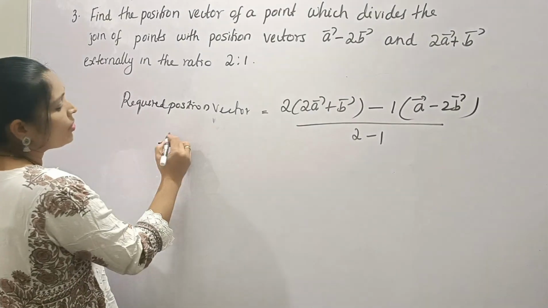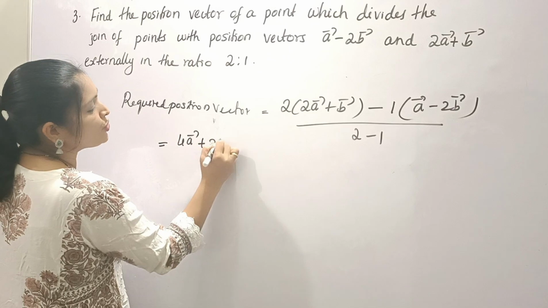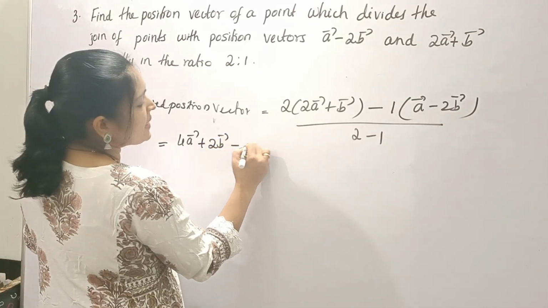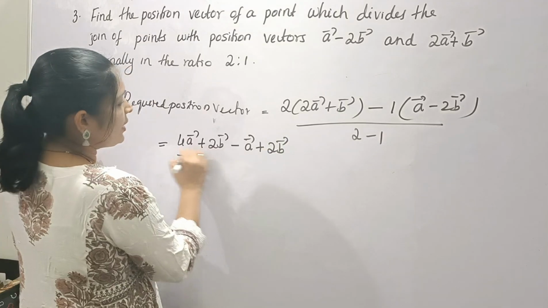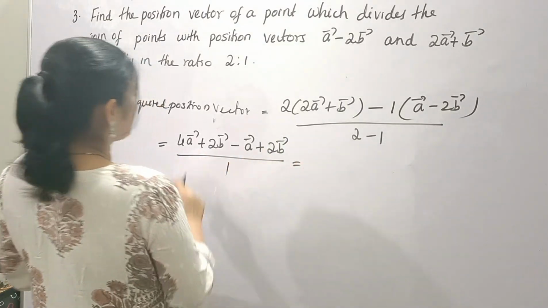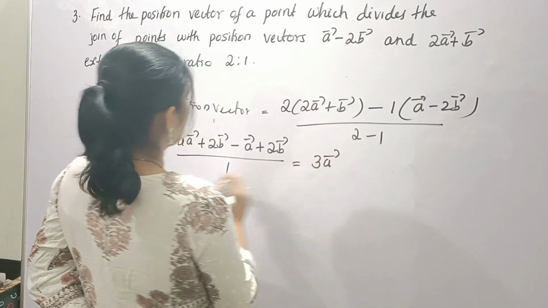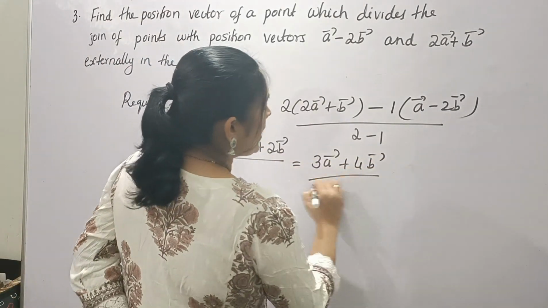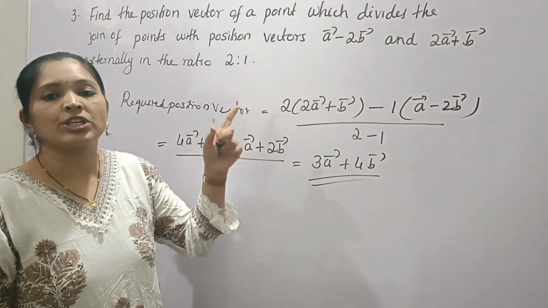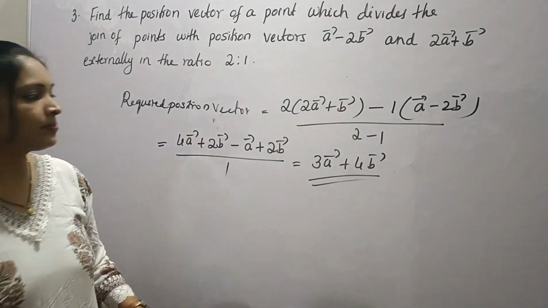That is equal to 4 vector A plus 2 vector B minus vector A plus 2 vector B, divided by 1. That is 3 vector A plus 4 vector B. It is the position vector of this point.